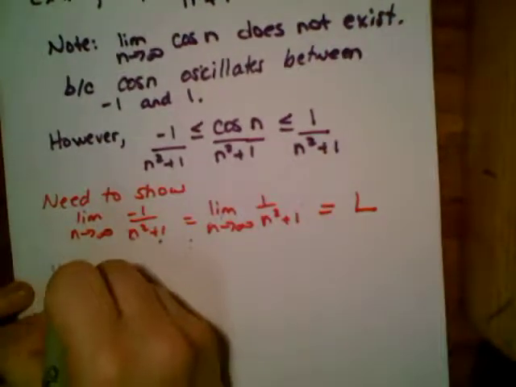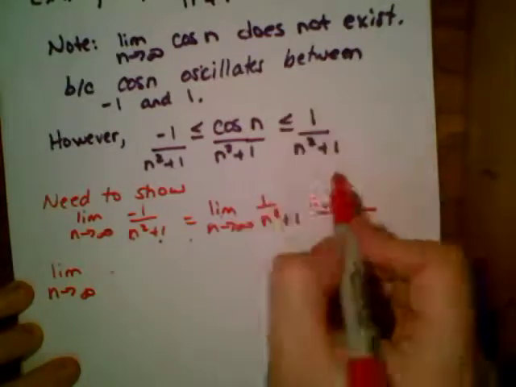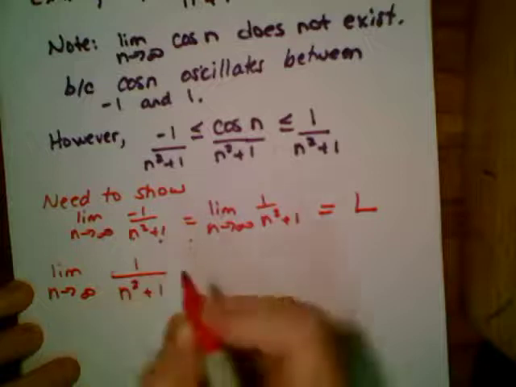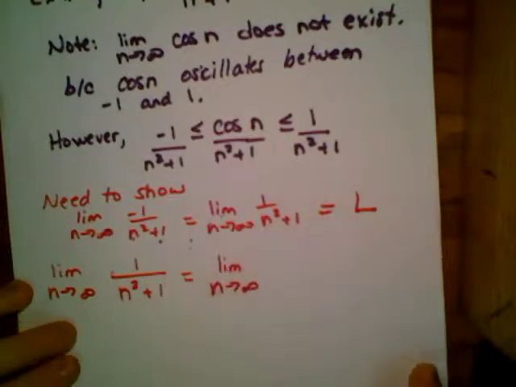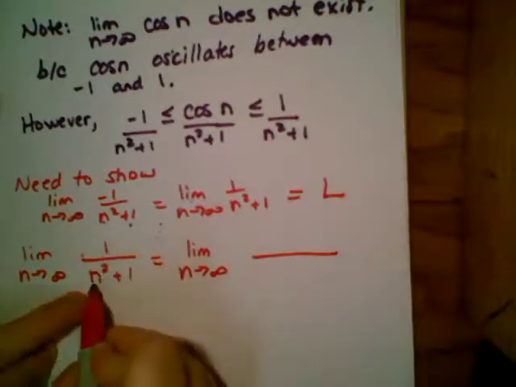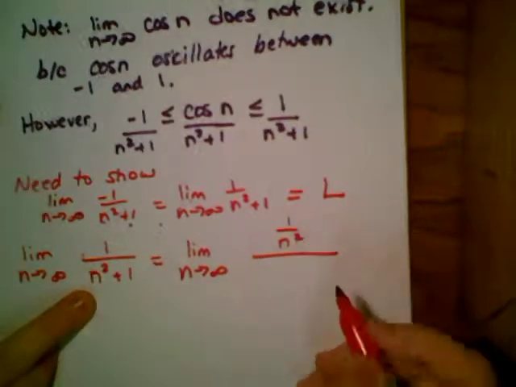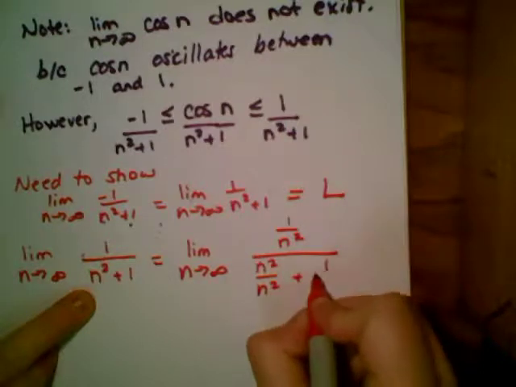Okay, and so this first technique, we'll look at this sequence here, 1 over n squared plus 1. And so that we can use our reciprocal powers rule, we'll take every term and divide by the highest power of n. So I'll divide everything in the numerator by n squared, and I'll divide all the terms in the denominator by n squared.